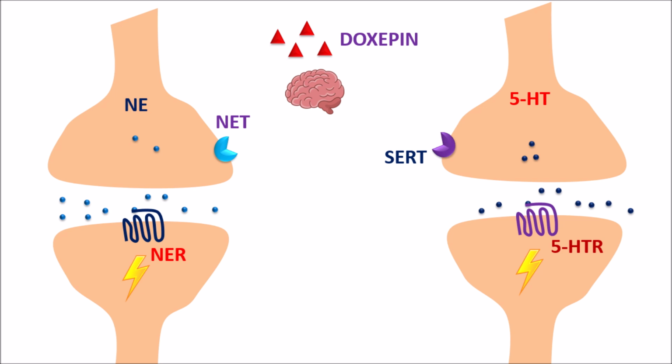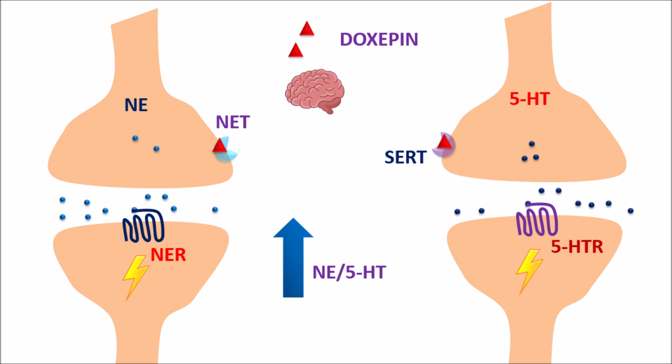Now Doxepin can block this norepinephrine transporter as well as it can block the serotonin reuptake transporter. Thereby, it can prevent the reuptake of both norepinephrine as well as serotonin. So the levels of norepinephrine and 5-HT within the synaptic cleft are increased, which improves monoaminergic transmission. Because of improvement of monoamine transmission, the symptoms of depression can be reduced.